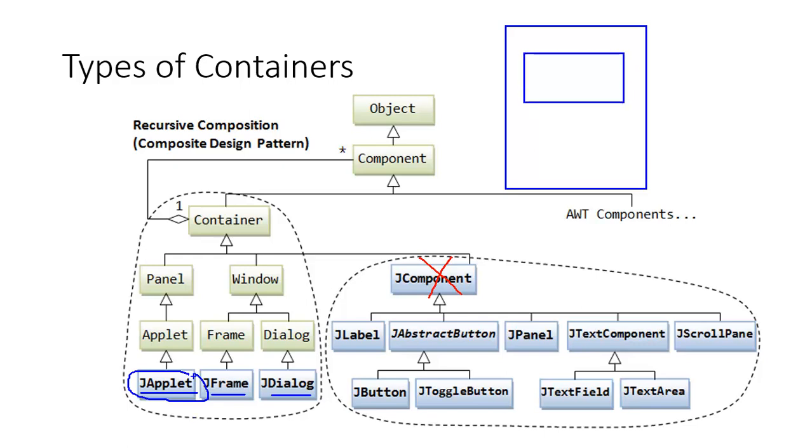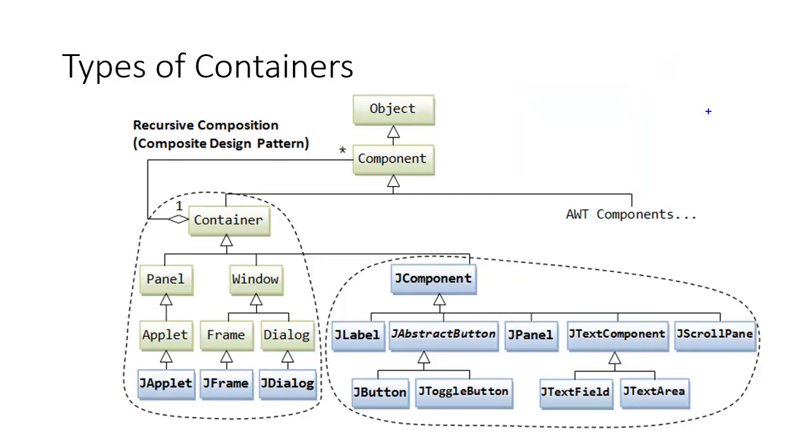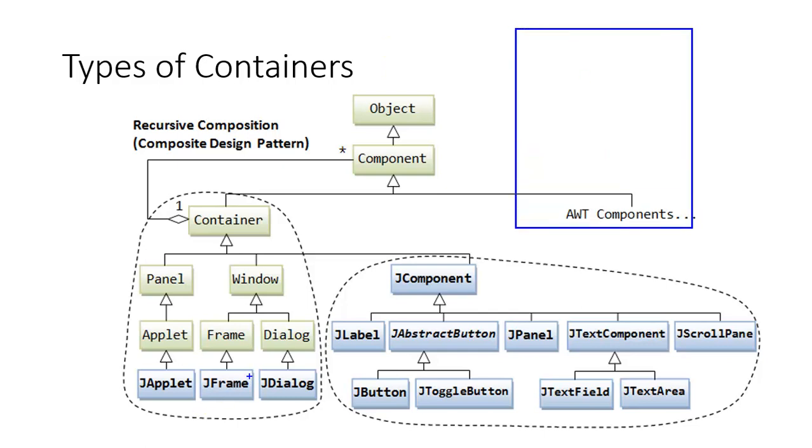The reason is JApplet, being a top level container, can only appear at the root of the hierarchy. It cannot appear other than the root. The same thing is true if you create a JFrame, which is directly inherited from the container. Inside this JFrame I cannot put a JApplet, nor can I put a JDialog box.